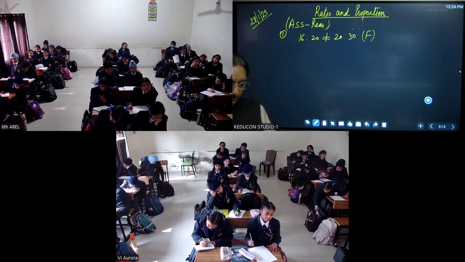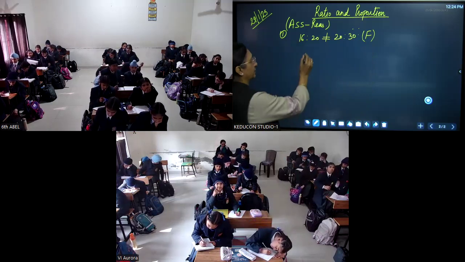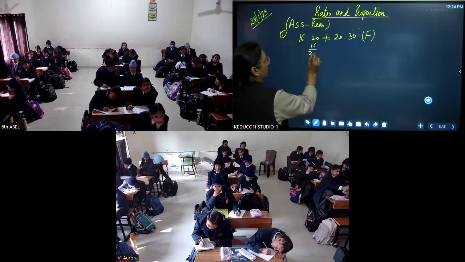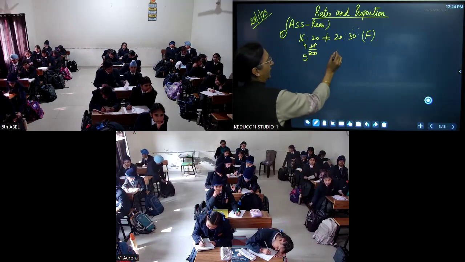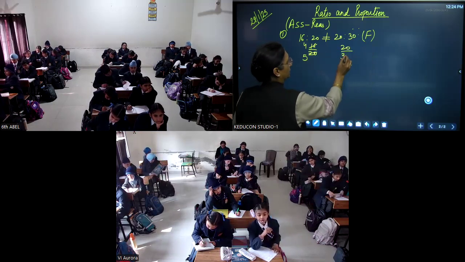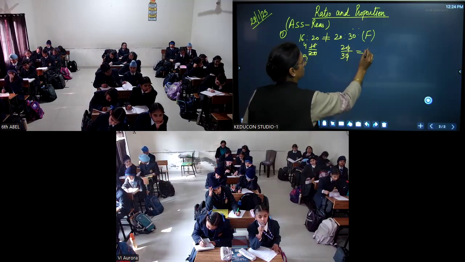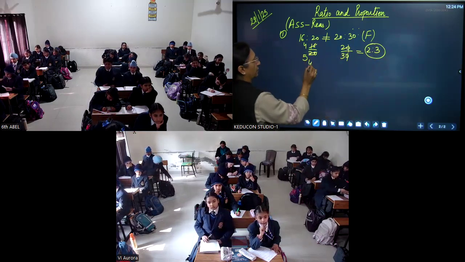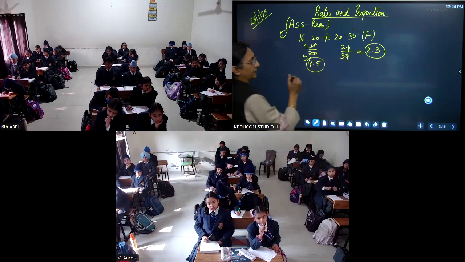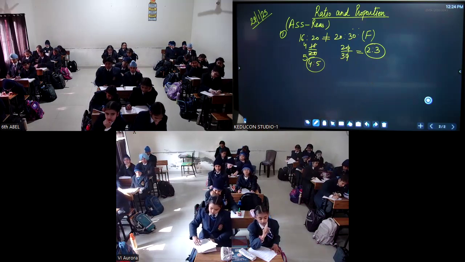They are not equal to each other. Yes, you can check very well by doing it in lowest form. 4 4s are 16, 4 5s are 20, and here it is coming 2 ratio 3. When you cut the zeros, you will get 2 ratio 3. So this ratio is different and 4 ratio 5 is different. That's why they are not equal.